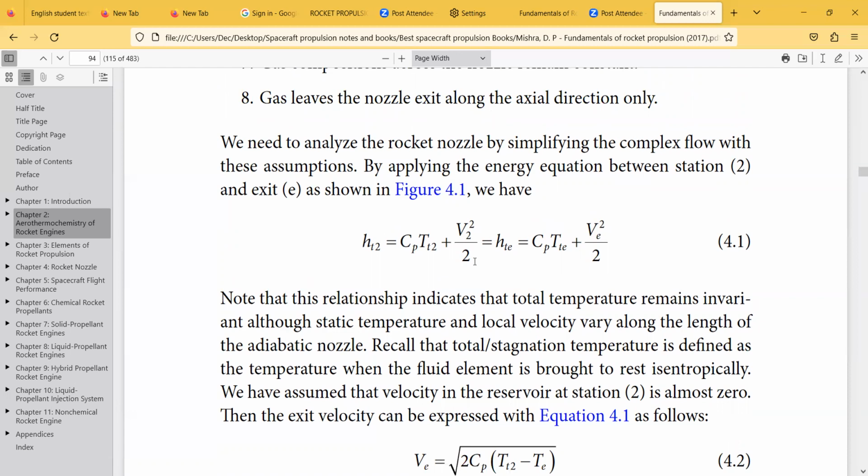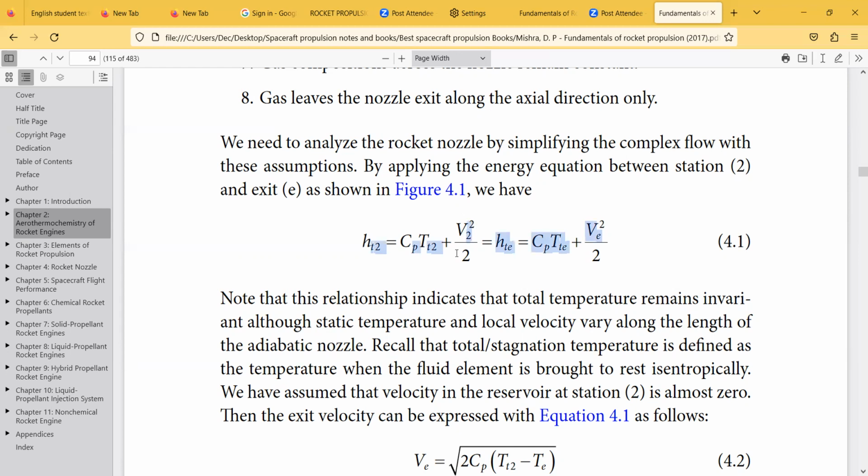So what we are relating here is the entrance region with the exit region. The enthalpy at the entrance region is equal to Cp T2 plus velocity squared over 2. But this velocity is very small at point 2.